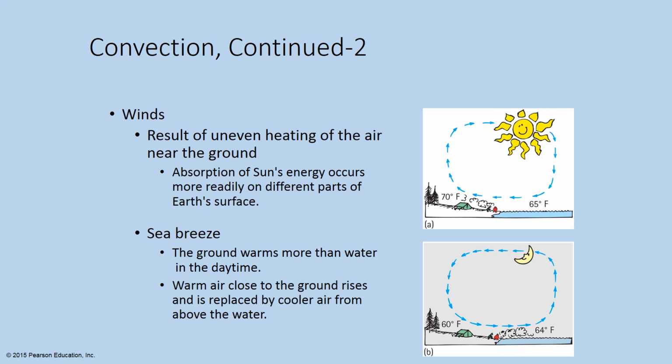Another example we might consider, which is not a natural process, is a device called a convective oven. The way a convective oven works is that the fan blows the air over the hotter regions of the oven to cause the circulation of the air so that it all mixes at a uniform temperature.